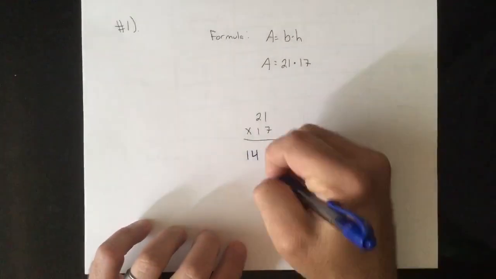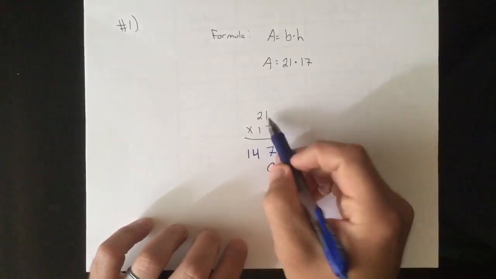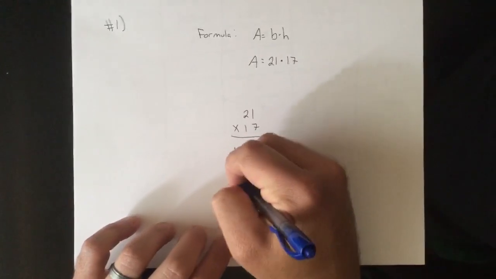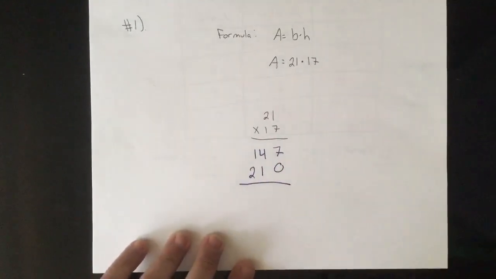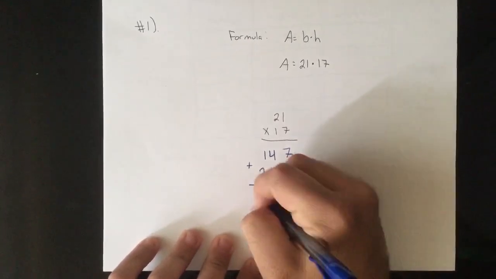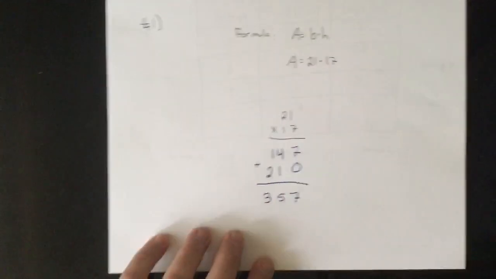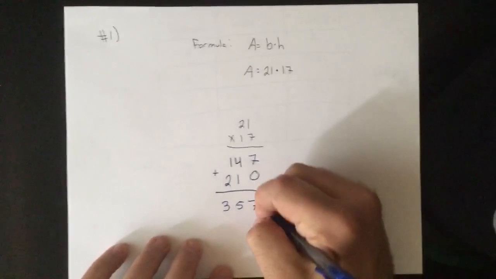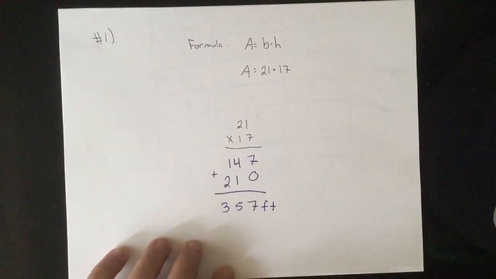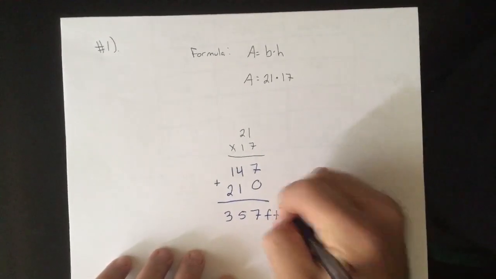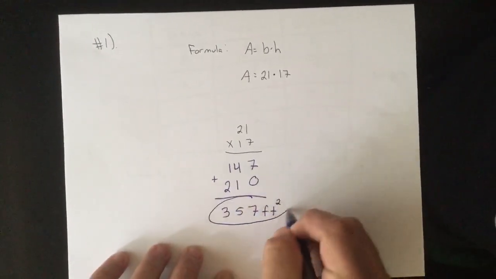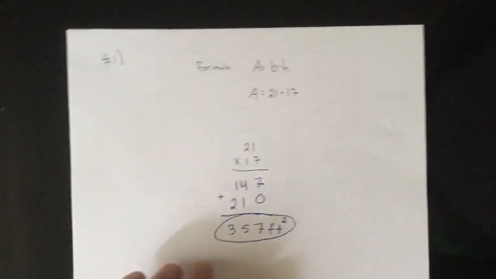Second row, add a 0. 1 times 1 is 1. 1 times 2 is 2. Now add straight down. You should get 357, and if I remember right, I think the units were feet. And since you're dealing with area, it is always squared. So you have the 2 on top. It is squared. So that's the answer for number one.